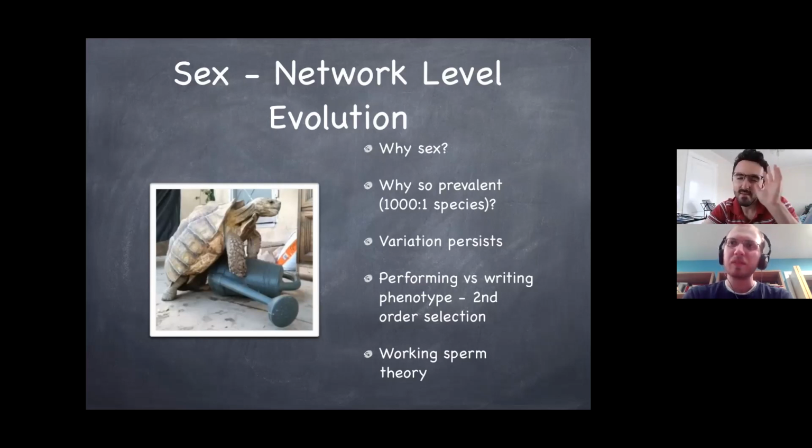Because sex, strictly speaking, is just genetic recombination and exchange. There's no definitive theory as to why it even exists and why it's so common and apparently necessary, because most of the existing asexual groups of any organism are pretty recent in evolutionary history, and they're likely, we don't know for sure, but they're likely short-lived.